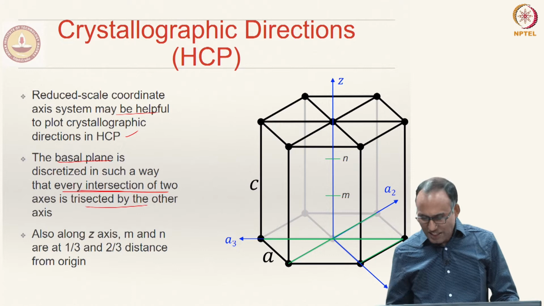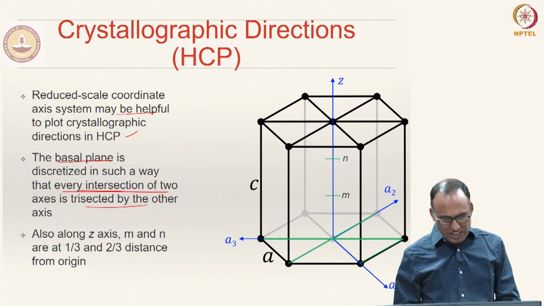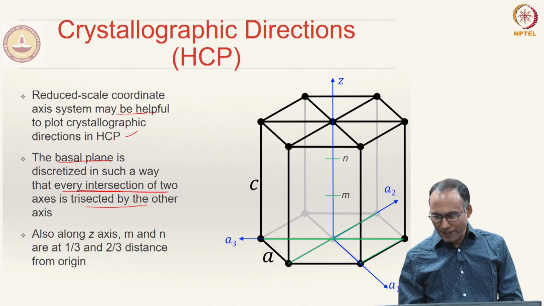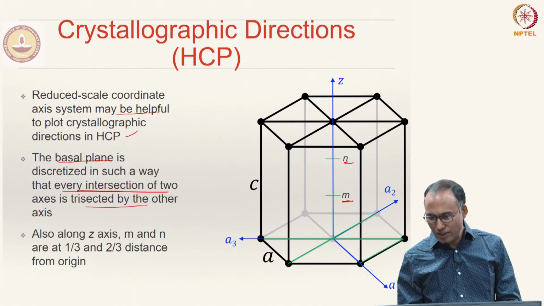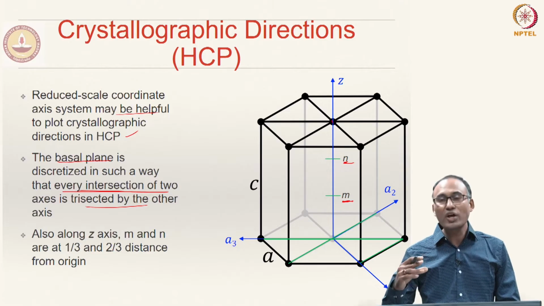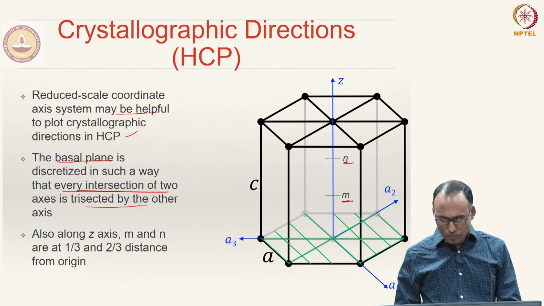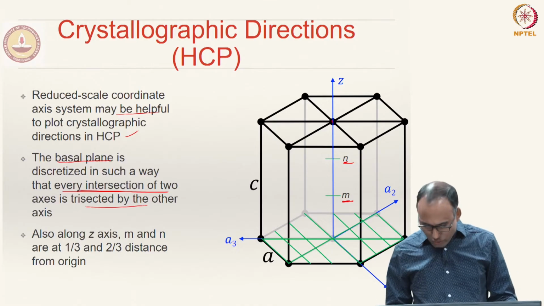So, you basically trisect each of the coordinate axes, and along the z axis also you trisect at m and n. m is at a distance 1/3, n is at 2/3, and this point is 1, in the 1/3 of the lattice vector dimension there. So, this is how we do the trisection.